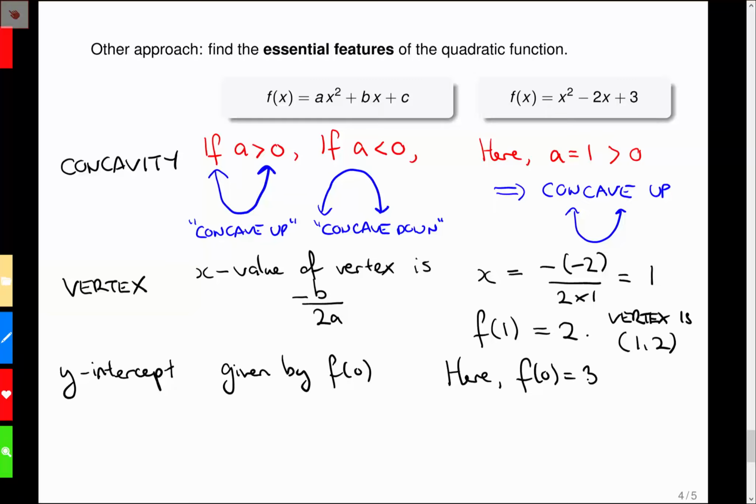Finally, you might want to work out the x-intercepts, which is where the graph will intersect the x-axis. The key observation here is, when you're on the x-axis, the y value will always be 0. Thus the x-intercepts are obtained by setting the y variable, which is given by f of x, to be 0.